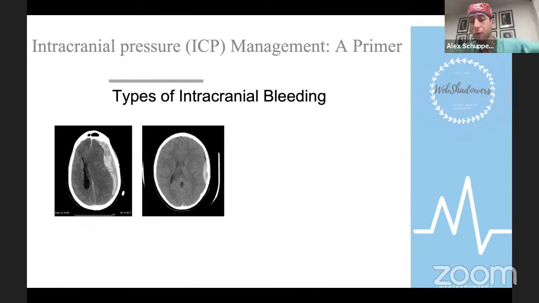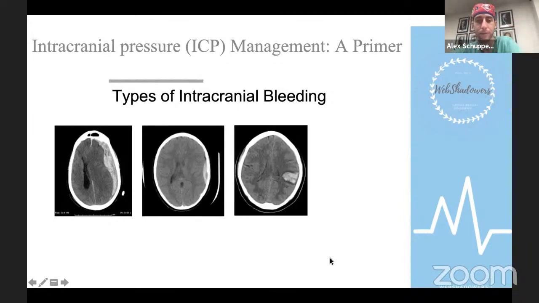So it cannot go beyond that point. A subdural hematoma, if you break down the word, is underneath the dura. So it's not restricted by the cranial sutures. So as you can see here, guys, this bleed expands the entire left side of the hemisphere.